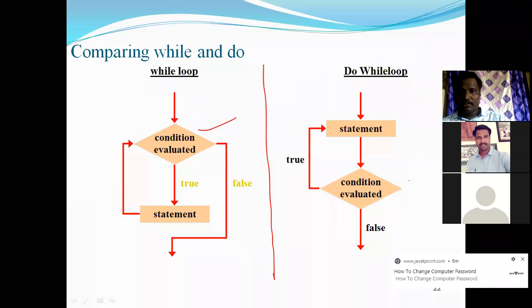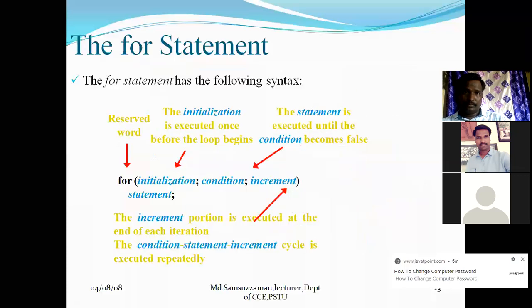In do while, the condition is evaluated after executing the statements. If the condition is true, the statement is executed again. If it is false, the control comes out of this do while loop. As you know, the next statement is the for statement.